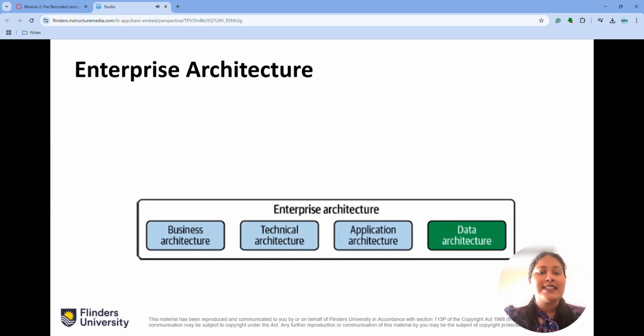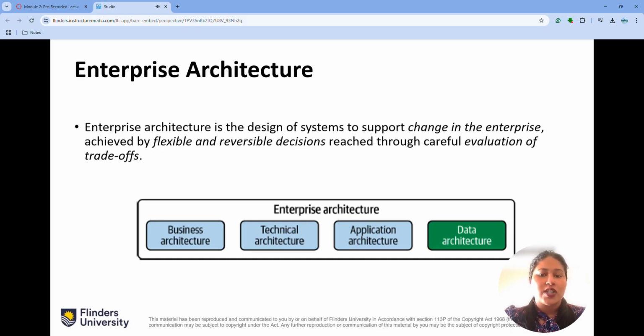First, let's define what we mean by enterprise architecture and data architecture. Enterprise architecture is the overall blueprint that governs an organization's IT and data infrastructure, ensuring that all components work together efficiently.